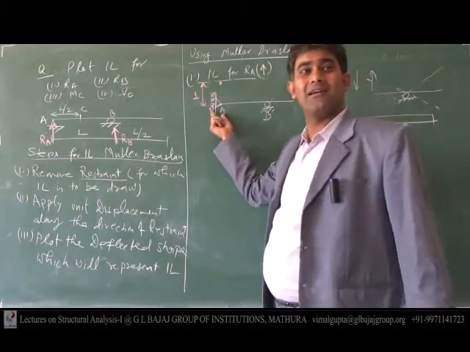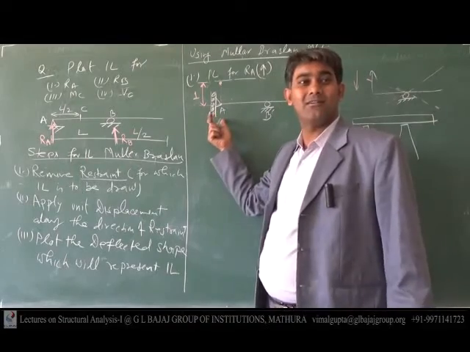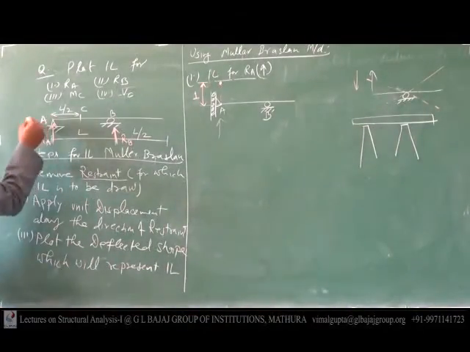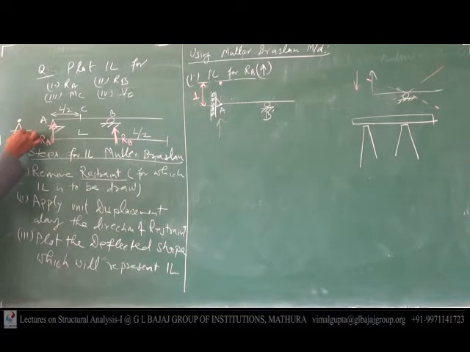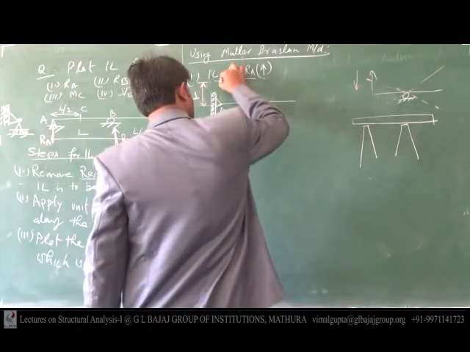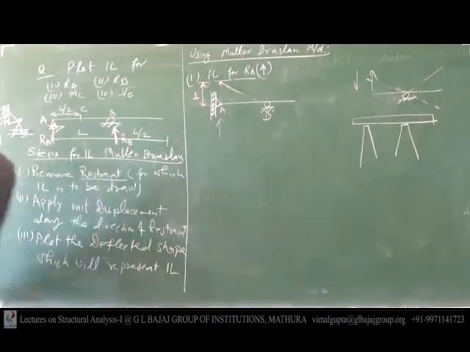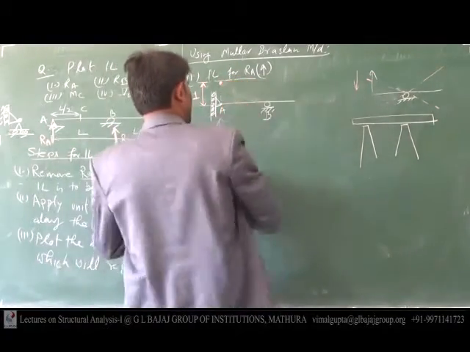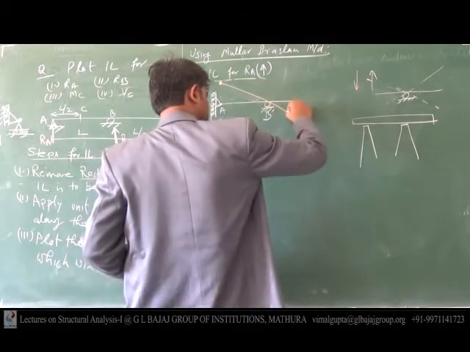If we remove the vertical restraint, joint A can be treated in this manner also, with horizontal and vertical restraints. So its deflected shape will have this shape.